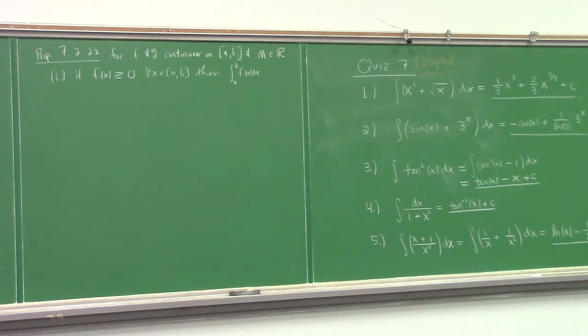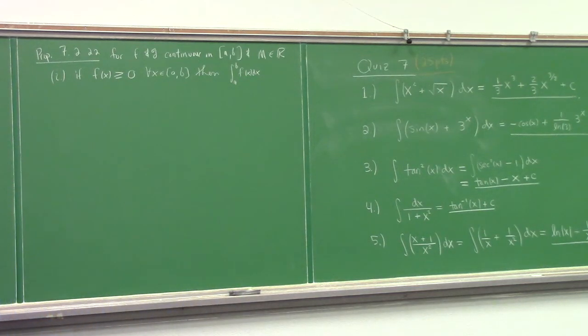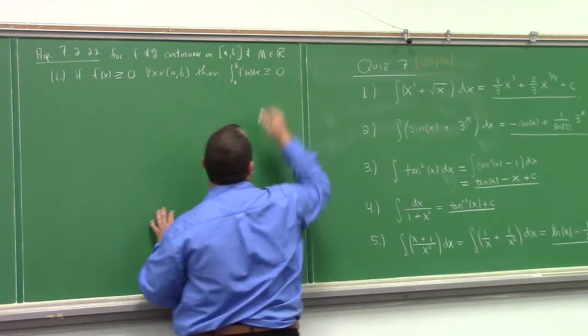So what can you tell me? If the function's non-negative, what can you say about the signed area? It's positive, right? This is also greater than or equal to 0. Exactly.